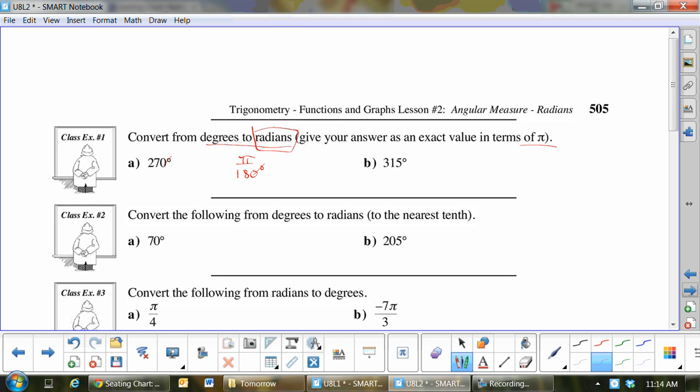You just put that into your calculator, leave the pi there, and all you have to do is go math, enter, enter, and it will reduce it for you, or you could just divide by 90 on both, and you will get 3 pi over 2 radians.